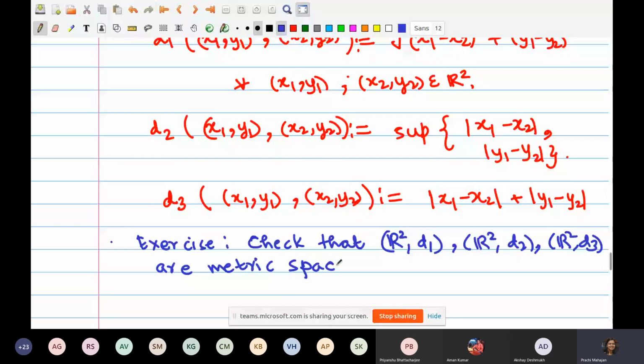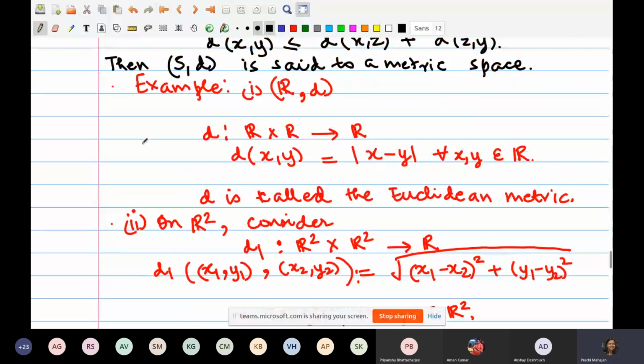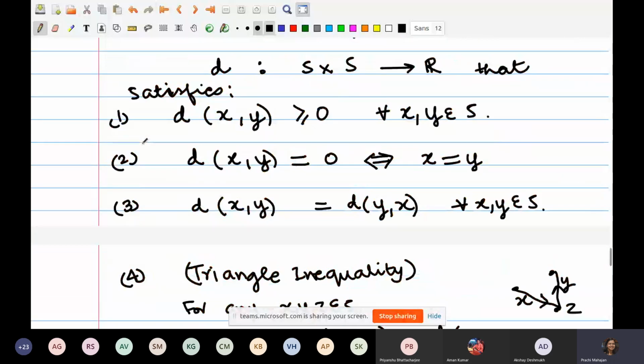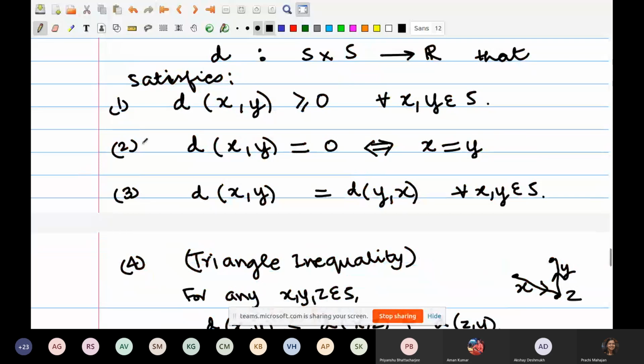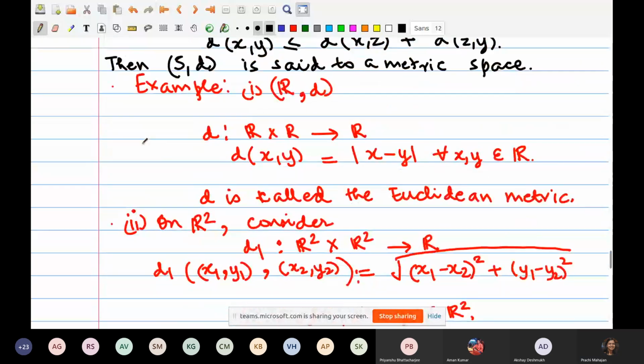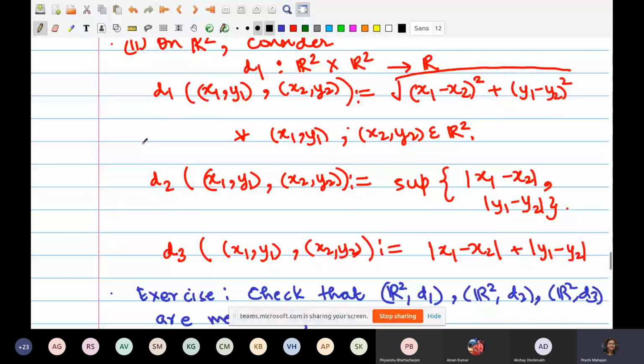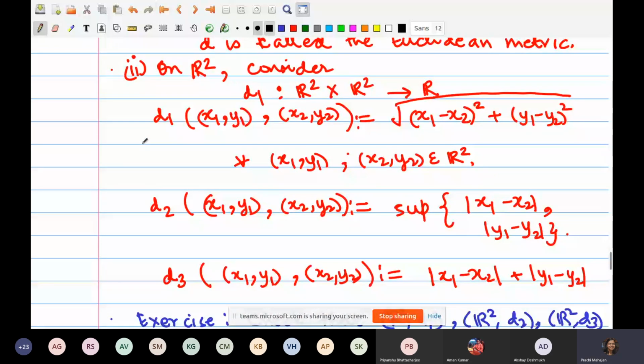What does it mean to say that they are metric spaces? All you are required to show is that D1, D2, D3 satisfy the 1, 2, 3, and 4 written here. Okay, is this okay? Any questions so far?